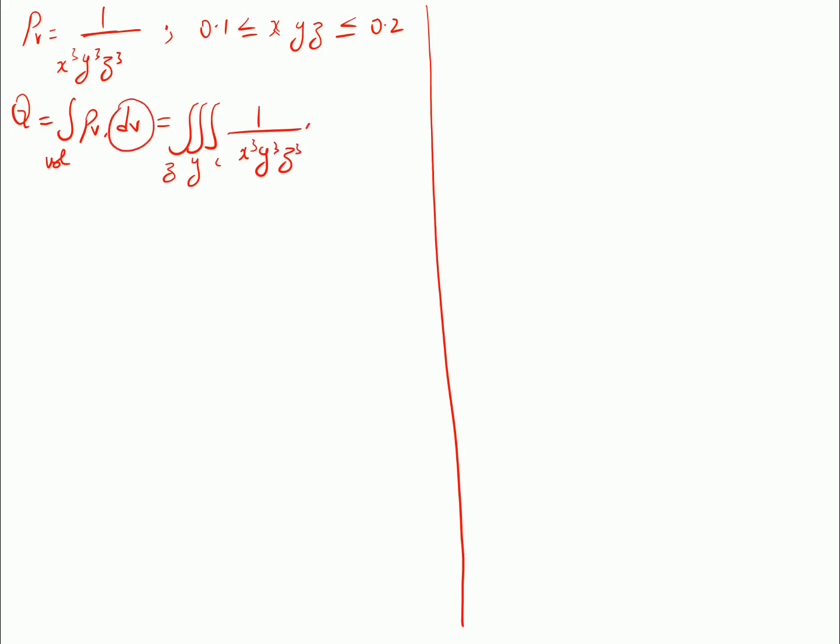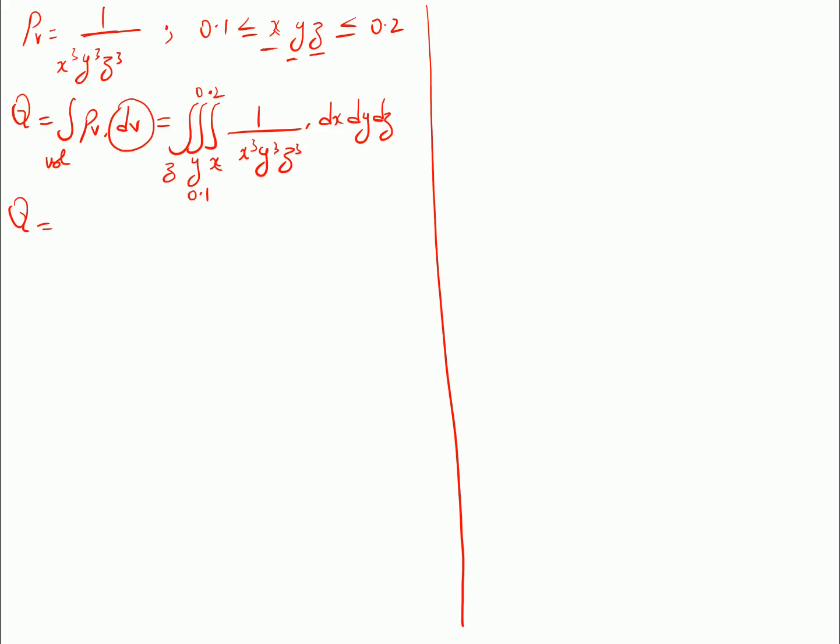So dv in Cartesian coordinate system is differential element dx, dy and dz. And what are the limits of x, y and z? For all these, the limits are from 0.1 to 0.2. Now this can be solved because we have only one side, that is positive x, positive y and positive z.